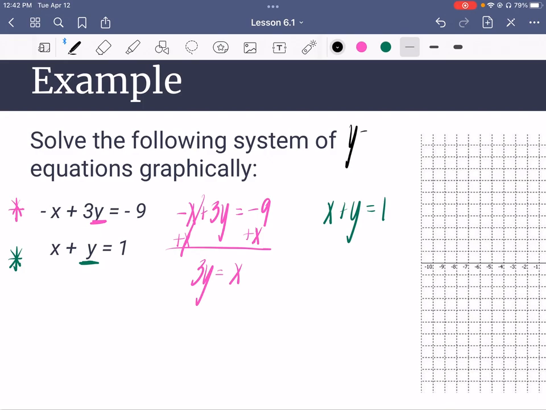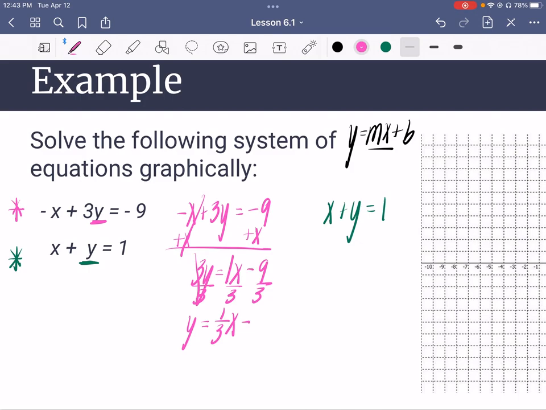Okay, so for this first one, to get y by itself, I would add x to both sides. I'm going to write that out in front because, again, we want it in y equals mx plus b form, so the x term should come first. So x minus 9 divide by 3. Instead of putting this entire right side divided by 3, I'm going to divide every single term by 3. That way I can easily see the slope.